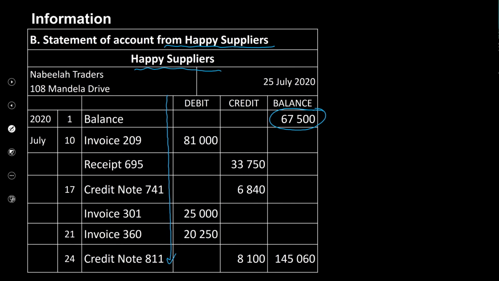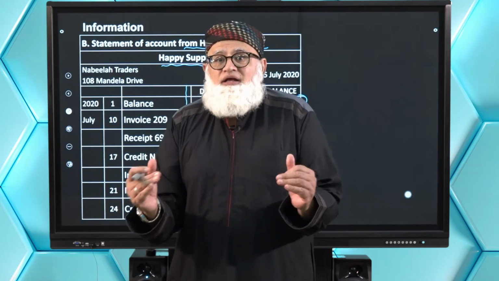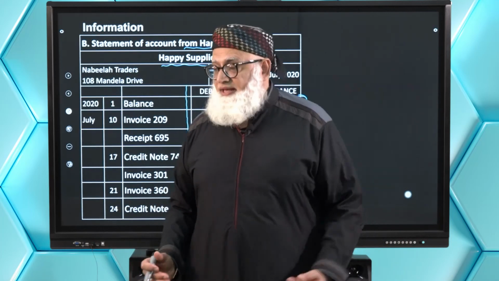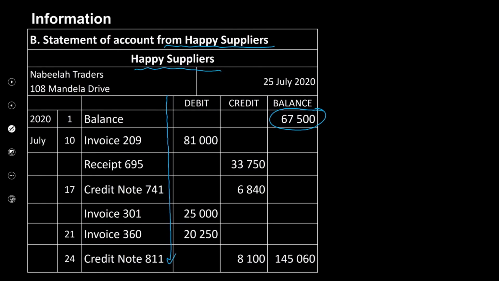At the beginning of the month, everything is hunky-dory. The two balances are in agreement, nothing to reconcile. Then we came across all the errors and omissions and whatever we had to adjust. Remember, we went through each one of them.